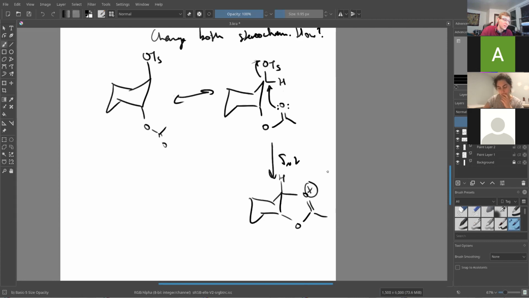Okay. This thing has a plus charge over here. It's a really good leaving group. So what can we do, given that there's a bunch of acetate floating around? What do we do now?